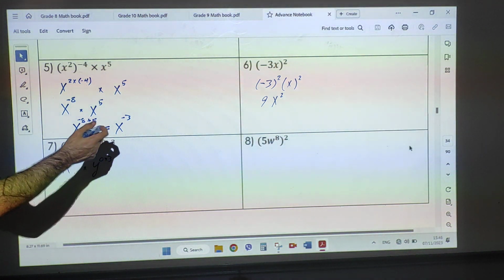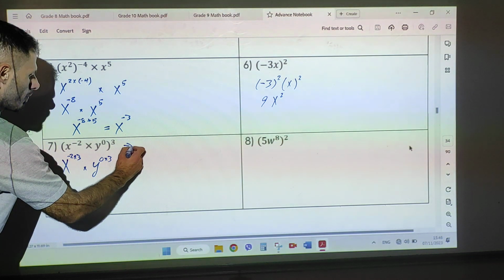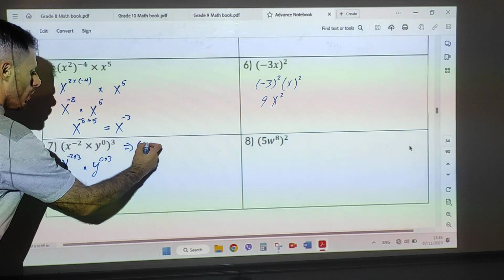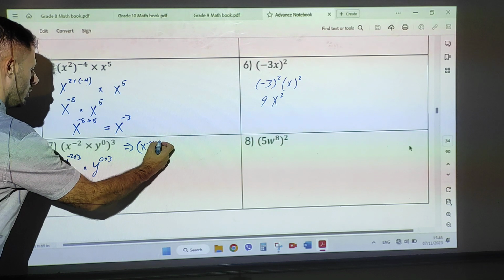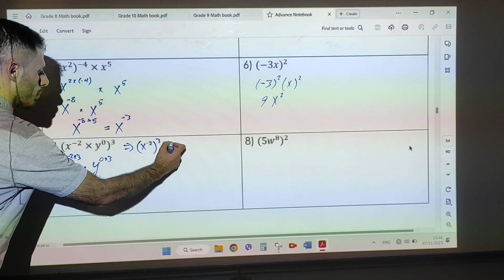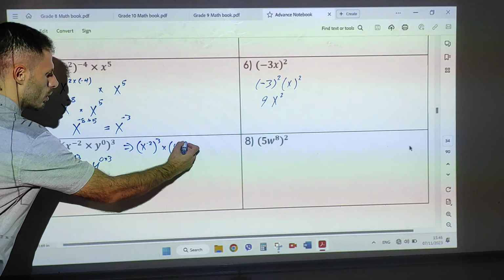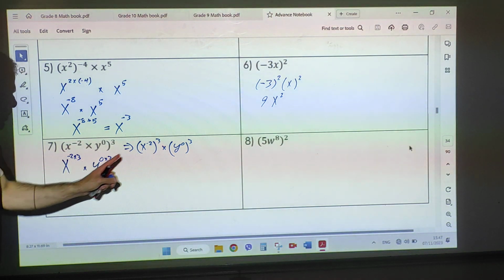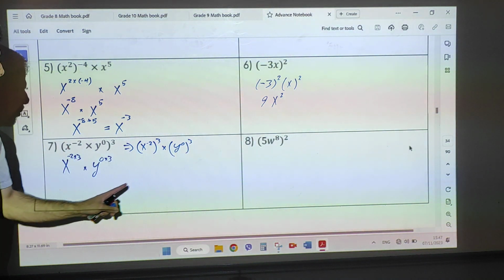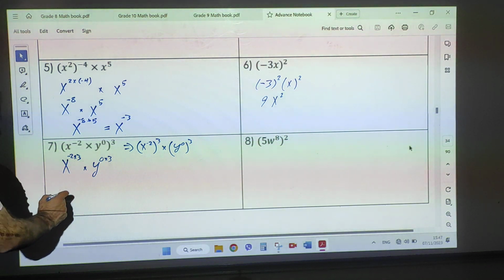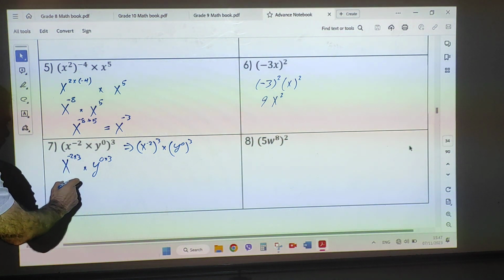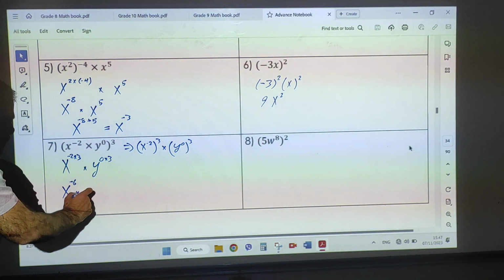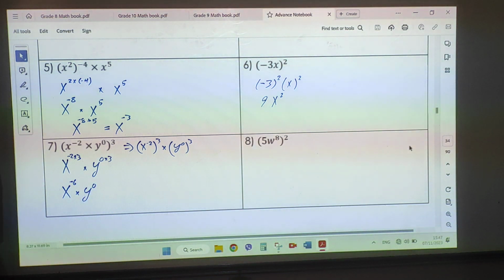Or if you want to do it in two steps, it's x power negative 2 power 3 multiplied by y power 0 power 3. You can do this step or you can directly do that. This one we multiply, this one we multiply, and it will be x power negative 6 multiplied by y power 0. 0 multiplied by 3 is just 0.